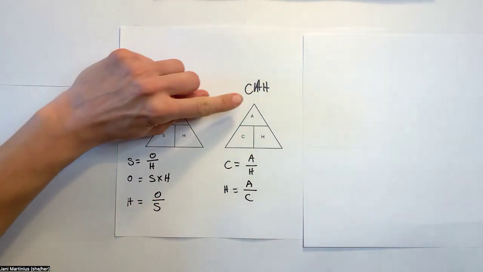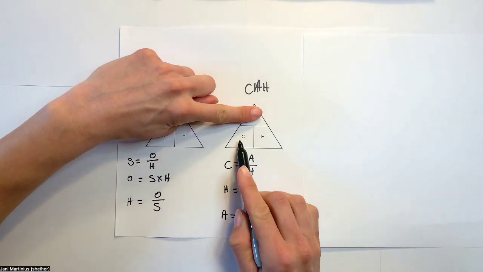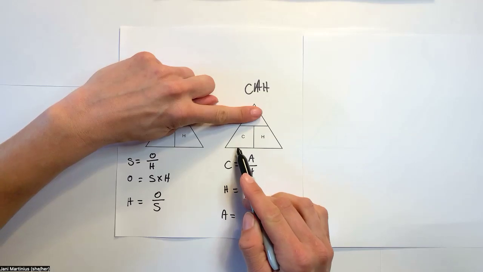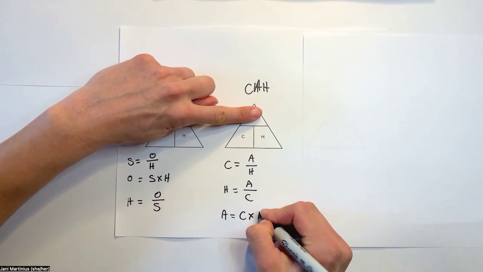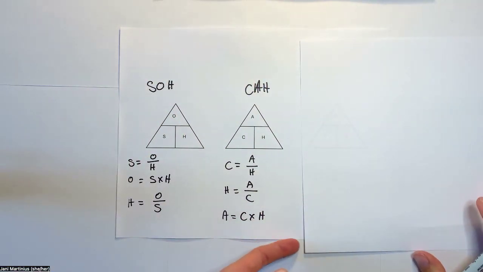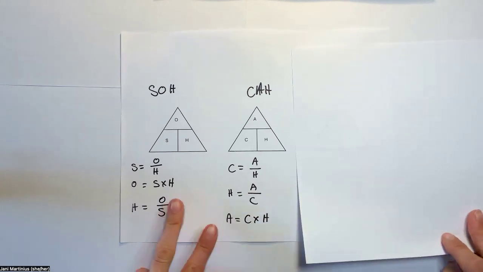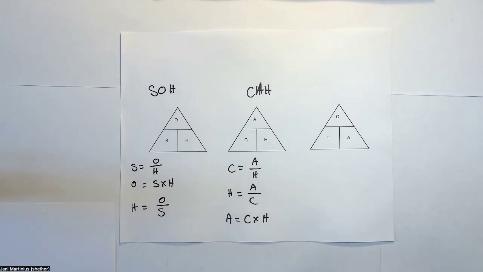And then our last one, what if we're looking for the adjacent side? Then we can multiply our cos angle times our hypotenuse. So C times H. You can see how this is quite repetitive for all of them, but it's really important that we can figure out which one we actually need to use.